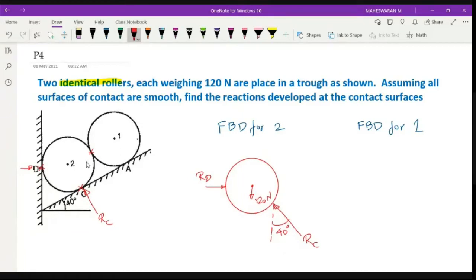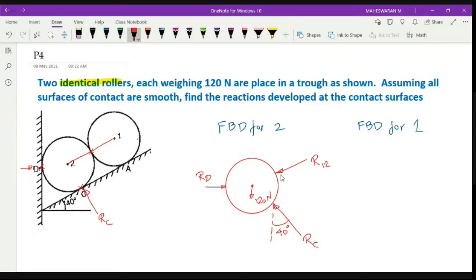Then you have a contact here. I can identify this contact when I connect 1 and 2. I connect 1 and 2, and I get a line. This is my normal line, and the tangent will be like this, perpendicular to it. So we have a force like this, R12, or I can also write it as R21.